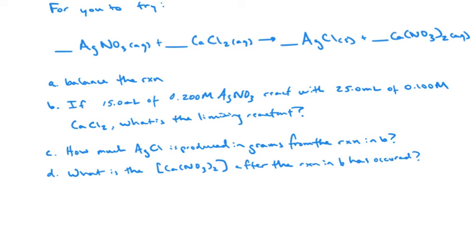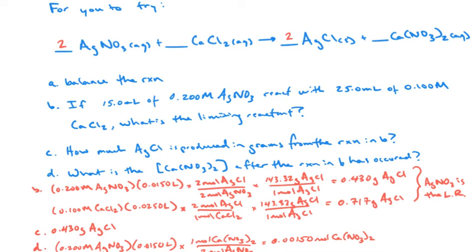C, how much AgCl is produced in grams from the reaction in B? It would probably be a good idea to pick AgCl as your product when you are trying to set up your stoichiometry in B. And D, what is the concentration of CaNO3 after the reaction in B has occurred? So that's just like the one on the previous slide.